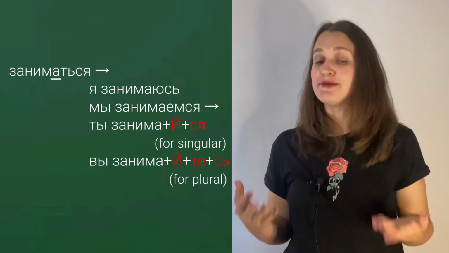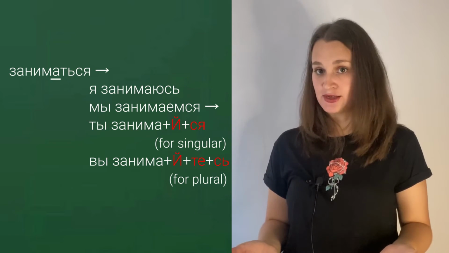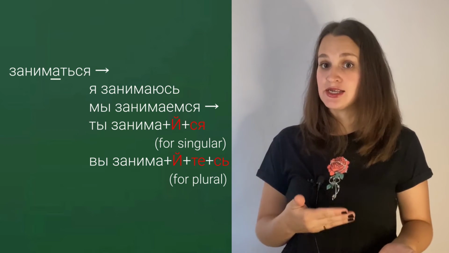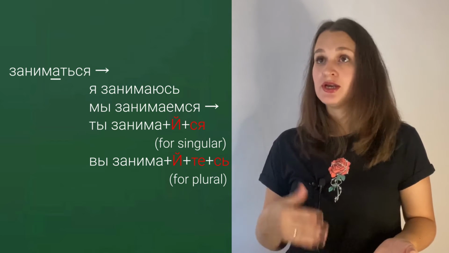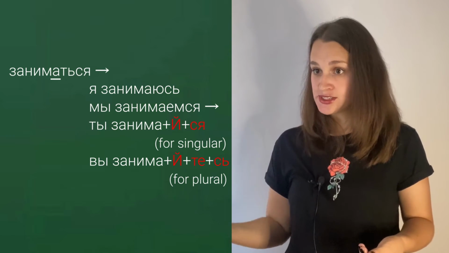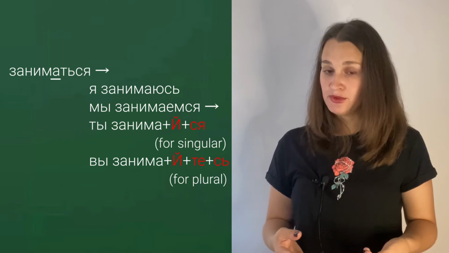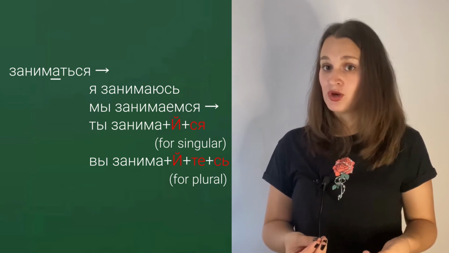Important note, the reflexive verbs will have the same forms for the imperative. The only thing is that this suffix ся in the ending will go after our imperative forms. Let's check. For example, the verb заниматься. We say я занимаюсь, мы занимаемся. The stem ends on the vowel а.